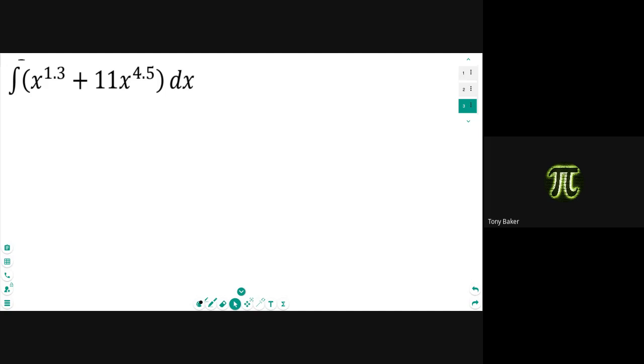Don't always look for the hard way to do it. U substitution is great. It works well, just like L'Hopital's rule works really well, but you don't always need to use those rules. Part of the process of understanding integration, differentiation, those things is understanding when and where you need to use the rules to do the problem.